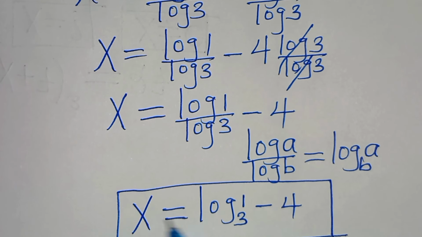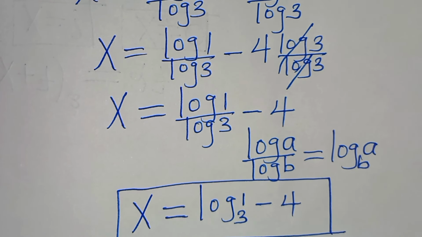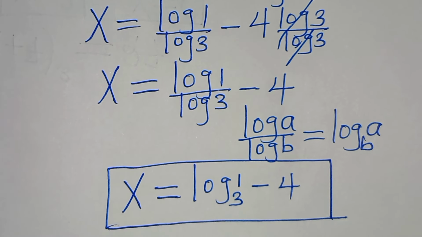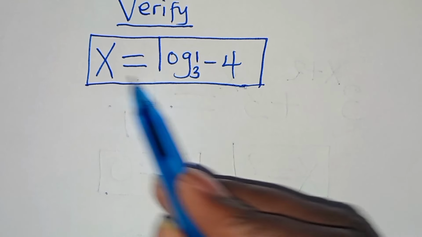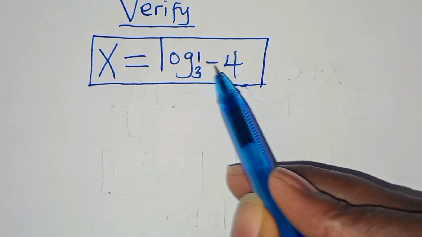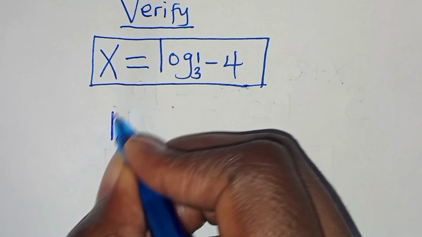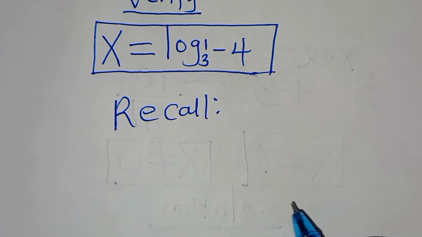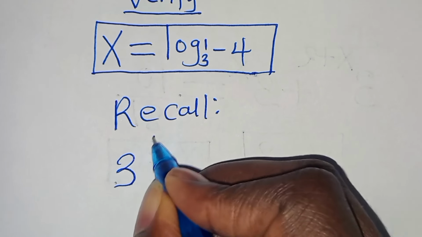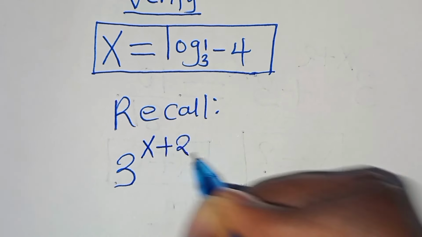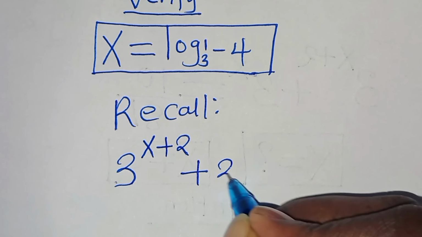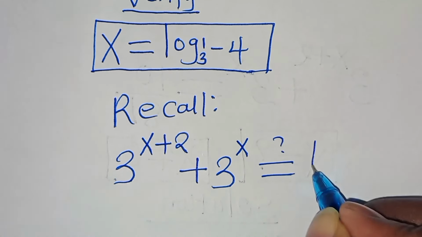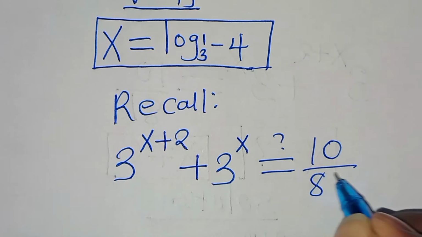The next step is to verify that this value of x satisfies the equation by following these steps. Now let's verify that the value of x here, which is log 1 to base 3 minus 4, satisfies the equation. Now, if you recall, we had that 3 to the power of x plus 2, then plus 3 to the power of x, is supposed to give us a value of 10 over 81.